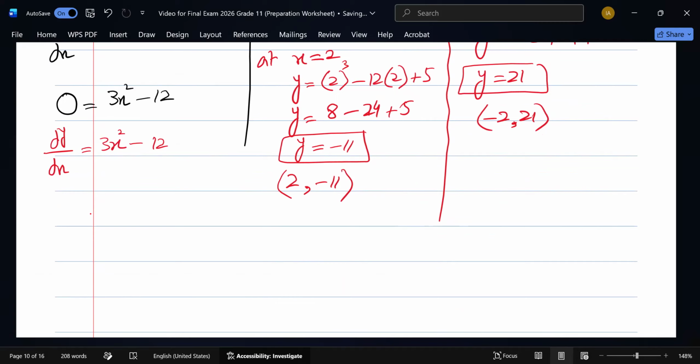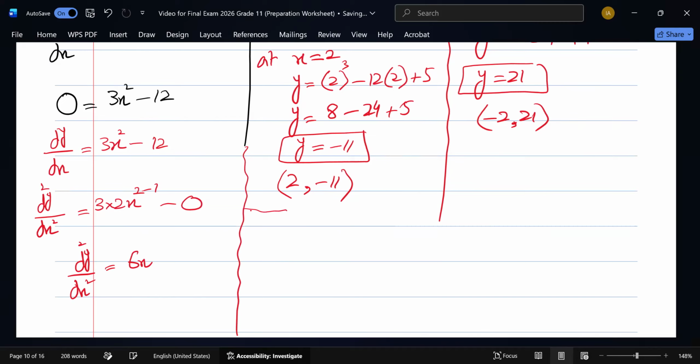If I differentiate this again, it's going to be d squared y over dx squared, which is 6x. So we substitute each point one by one and check the nature of each point.